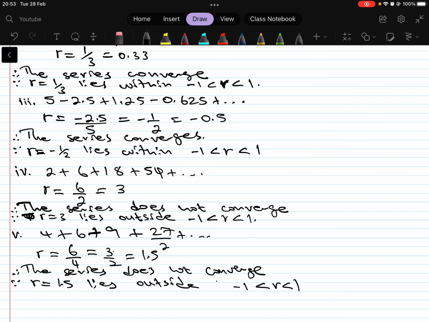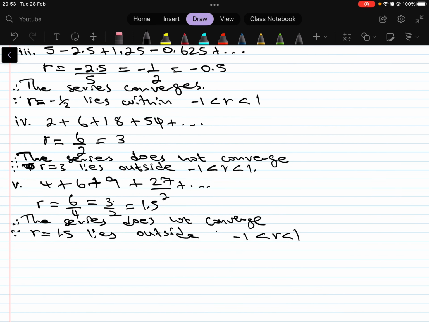Okay, one last question. Roman figure 5. I hate these Roman figures, but we move on nonetheless. 54, 36, 24, 16. Does this series converge? Again, you just need to calculate your R, which is the common ratio. 36 divided by 54.